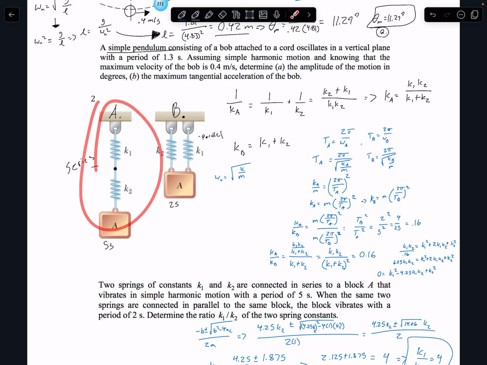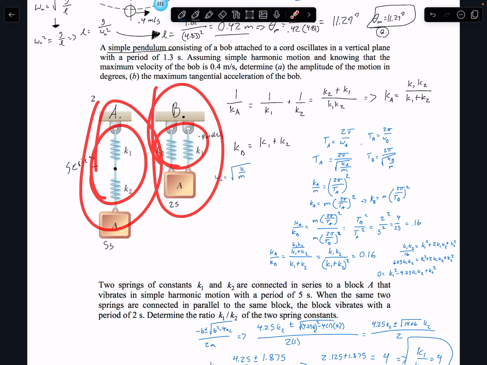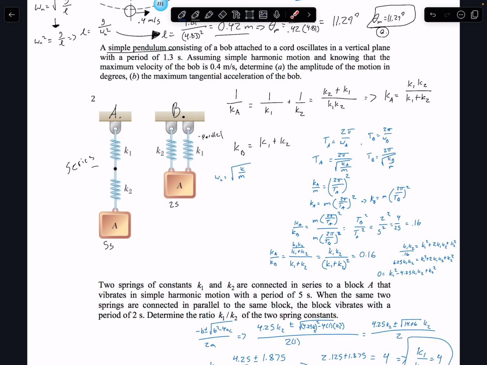So that is Ka, that would be Kb, and this is Ka. And we can divide those by each other, and in the end we can get period values squared. Tb squared divided by Ta squared is equal to 0.16.